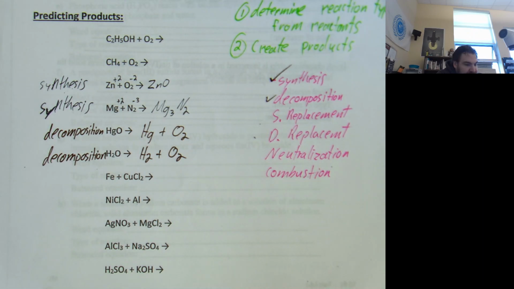Which one do we want to go to next? We could do them in order. Single replacement. What does a single replacement reaction do? One swaps with a portion of a compound. Okay? So which ones do that? Which one has an element reacting with a compound? Louder, Malik. You were correct. Say it again.